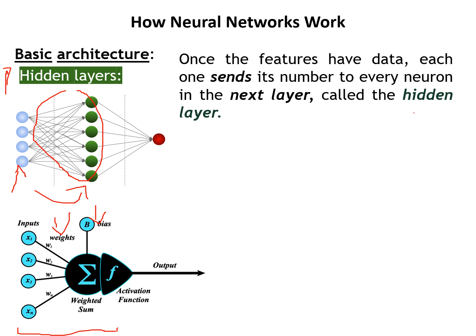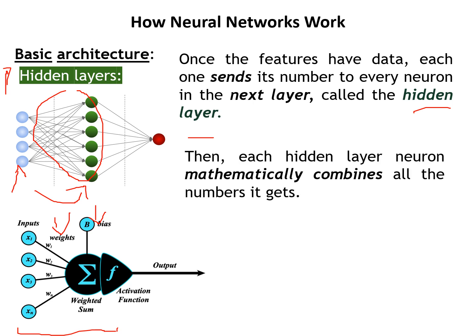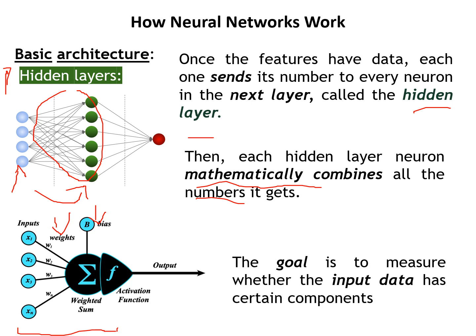In this hidden layer, the neurons mathematically combine all this data from the input, and the main goal is to measure whether the input data has certain components. The problem we have is that we don't know exactly what the hidden layer is doing.